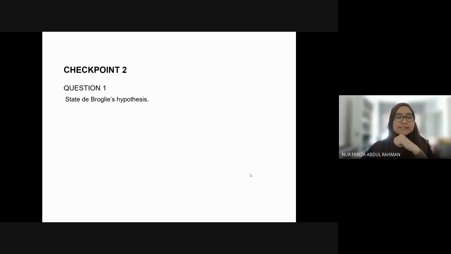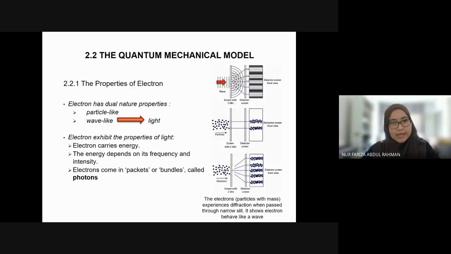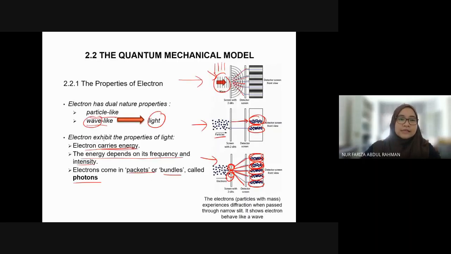Electron carries energy. Hypothesis, that would be, what do we call that? That is the properties of light, right? It exhibits the properties of light.